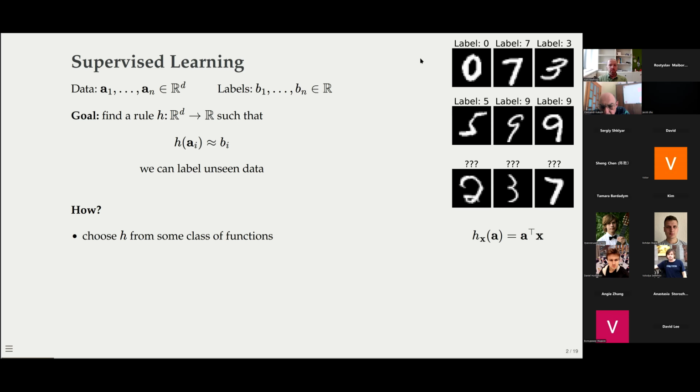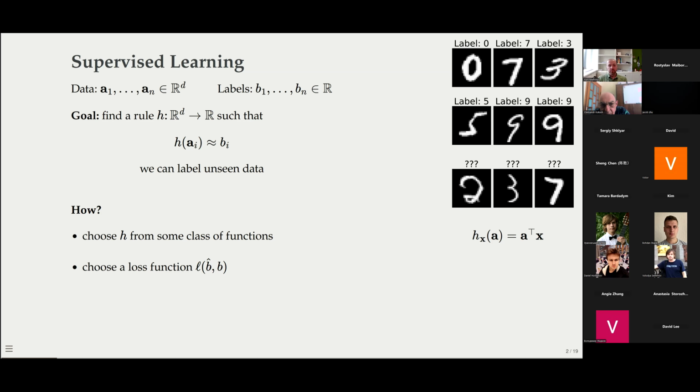So here x means, if it's a neural network, all the unknown parameters of the neural network. If it's polynomials, then all coefficients of the polynomial, etc. And then we need to choose a loss function, where b is our given label, and b hat is the label that we found from the model. If they are close to each other, b hat and b, then maybe the loss is 0.